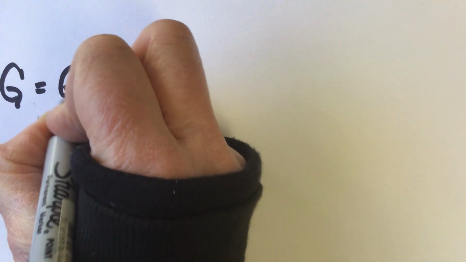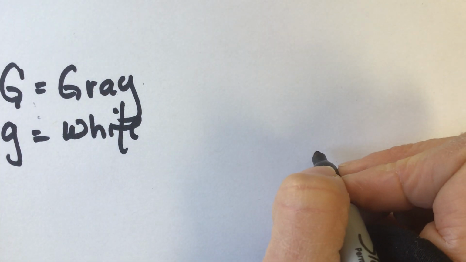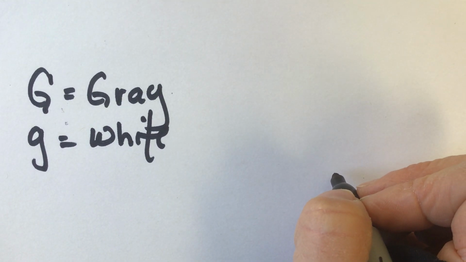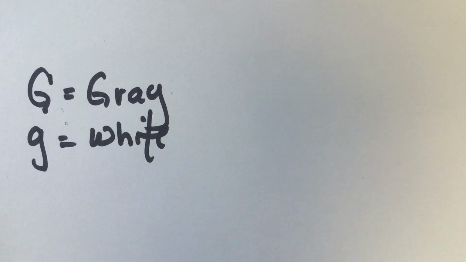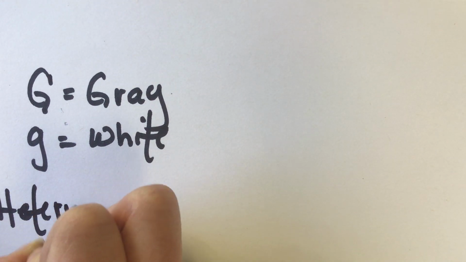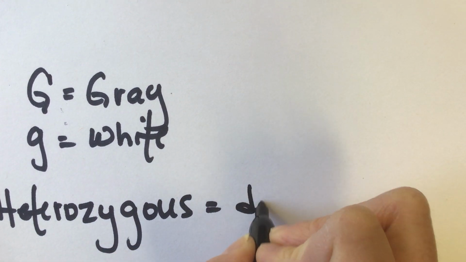Question 3 asks us to use the capital G equals gray and the small g equals white again. Okay? So this time it says 2 heterozygous gray mice mated. First of all, I need to know what heterozygous means. And again, remember that heterozygous equals different.